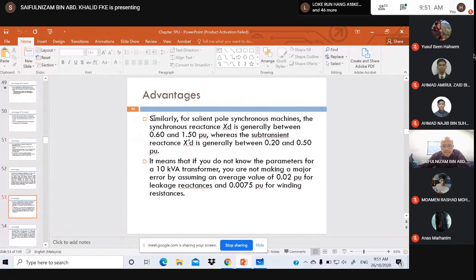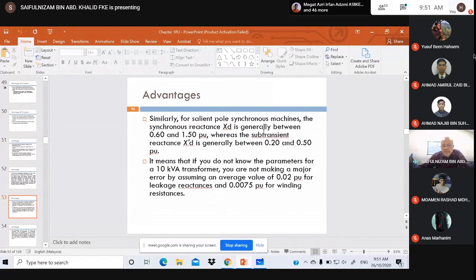So same case for the synchronous machine or salient pole machine. The synchronous reactance, Xd, the reactance of the synchronous machine is between this range 0.6 and 1.5 pu. Whereas in case of sub-transient reactance, this one depends on the fault study.